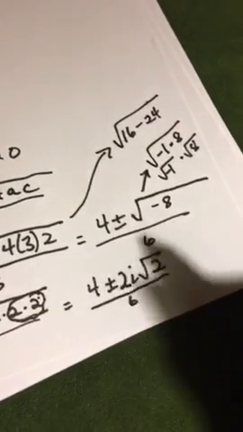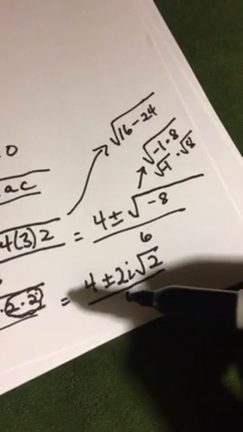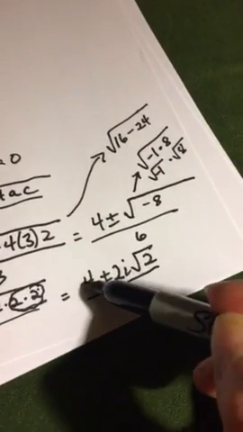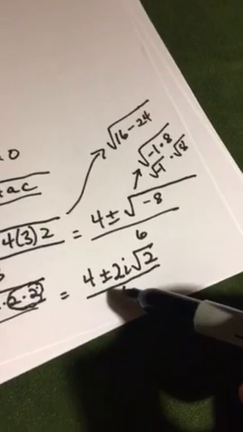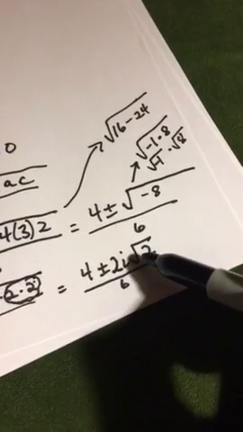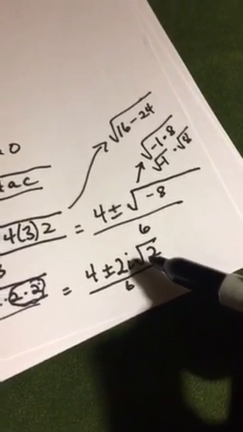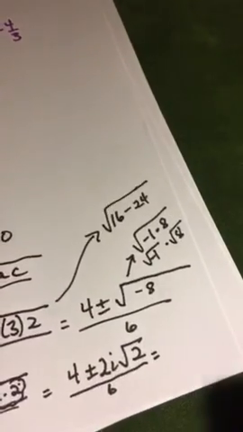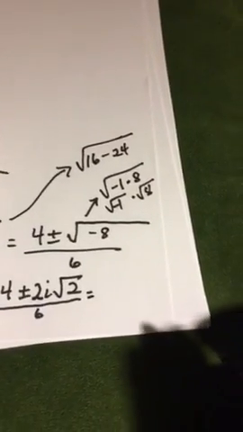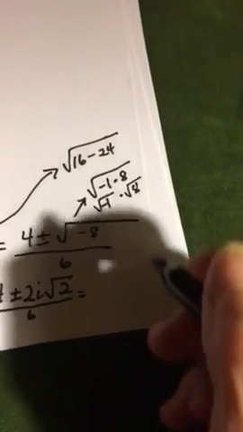And at this point, I can simplify this even more because the 4, 2, and 6 are all divisible by 2. But we can't touch this 2 because it's protected underneath the square root sign. So this one's protected, can't touch that. All right, so we can simplify this even more. And I know I'm kind of going off to the side. I'm trying to hold the phone up and move along the paper here.